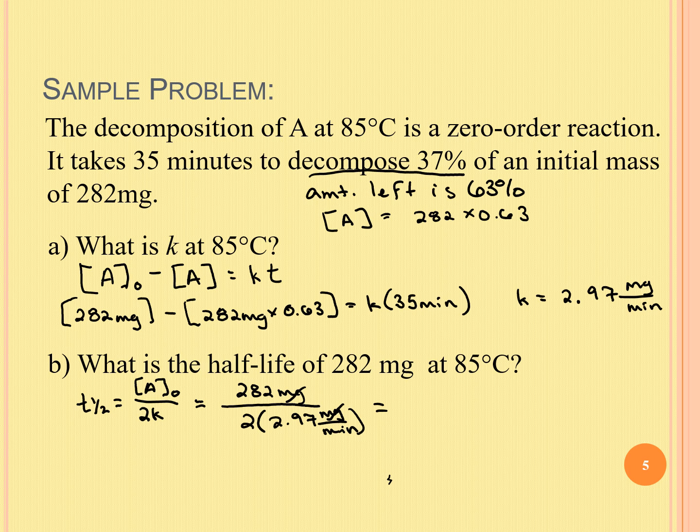Look at that. And we're going to end up with a half-life of 47.5 minutes. So again, as long as we can find whether we have a first order, zeroth order, or, once we get to our next podcast, second order problem, we just need to use the right equations to solve for the information that they're asking for.